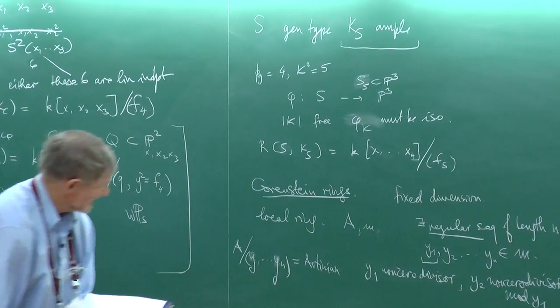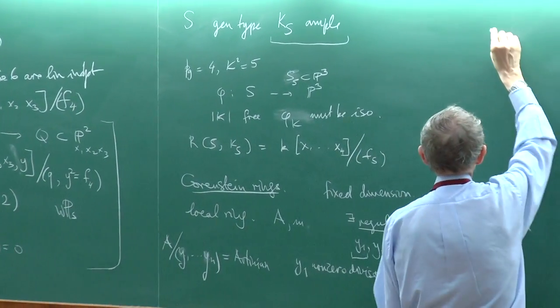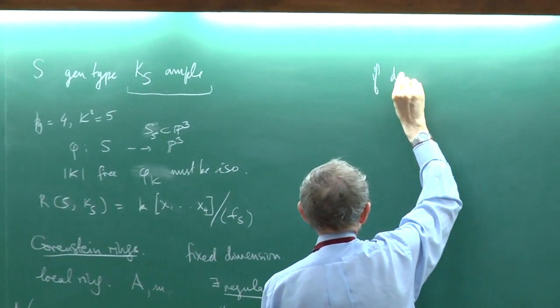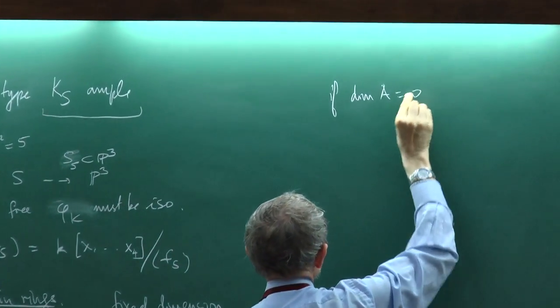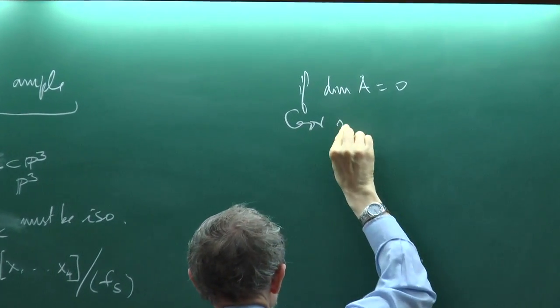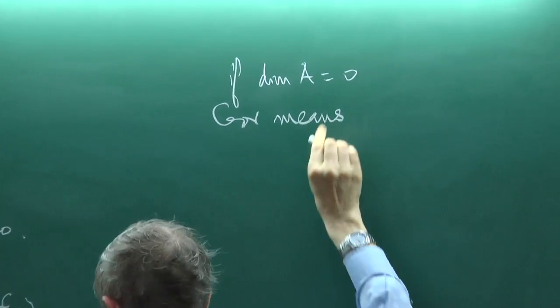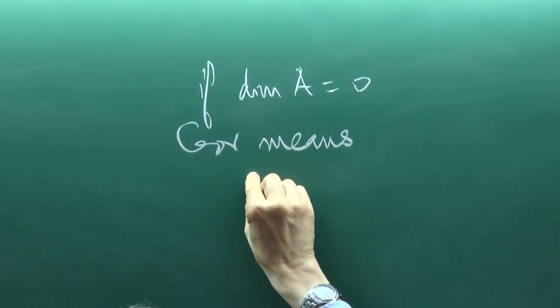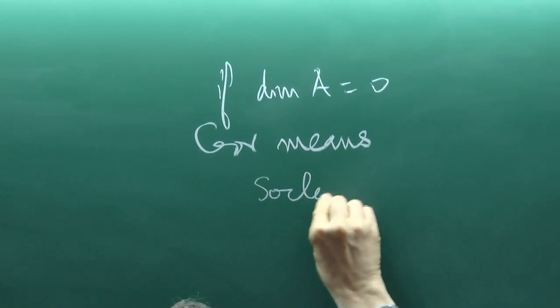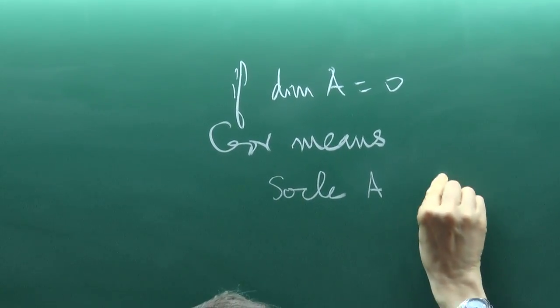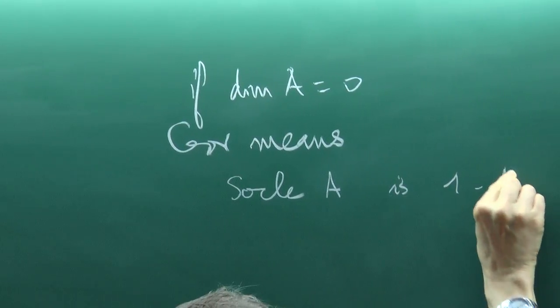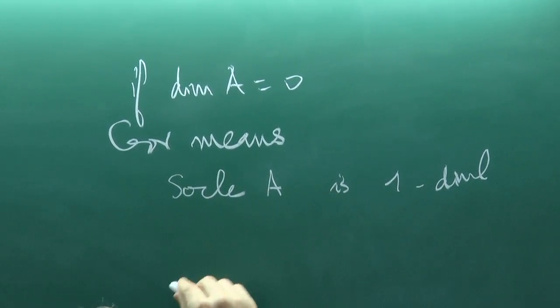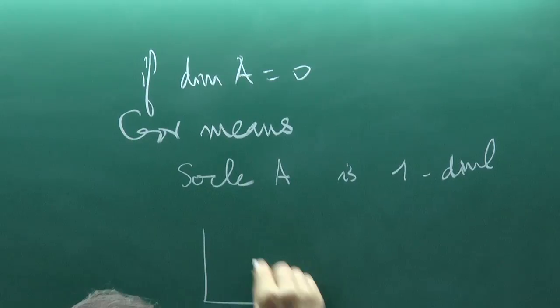So if dimension A is 0, then Gorenstein means that the socle of A is one-dimensional. Let me draw a picture.